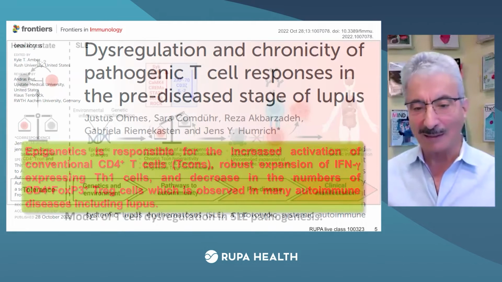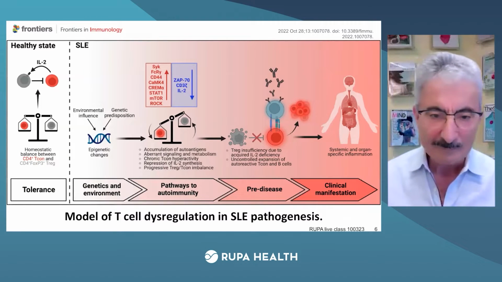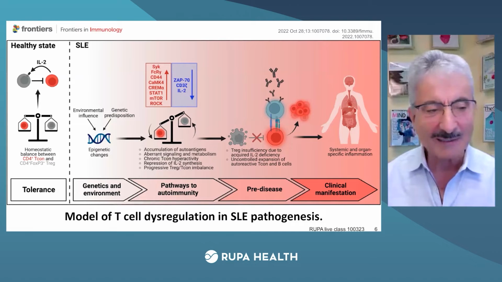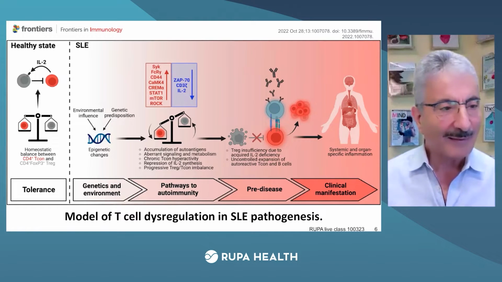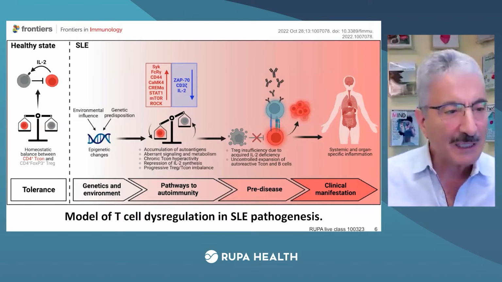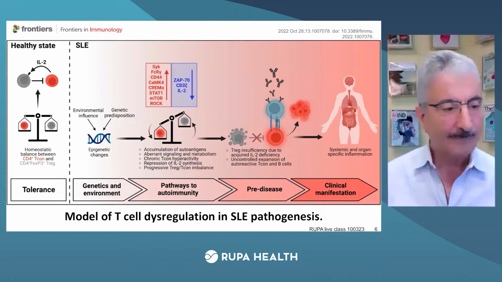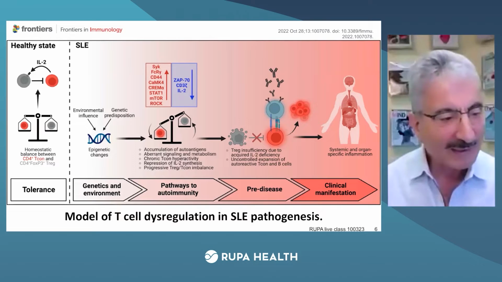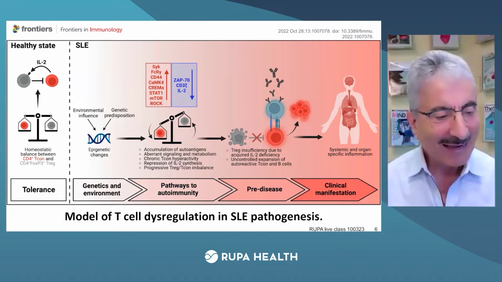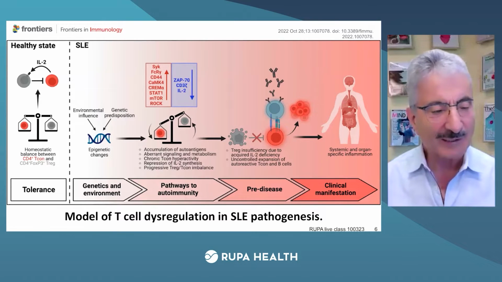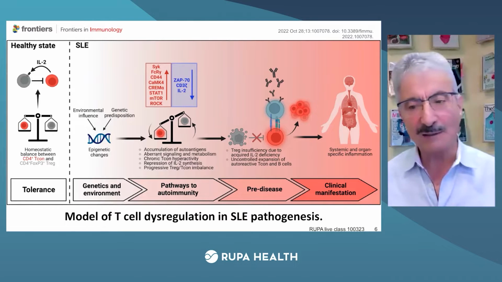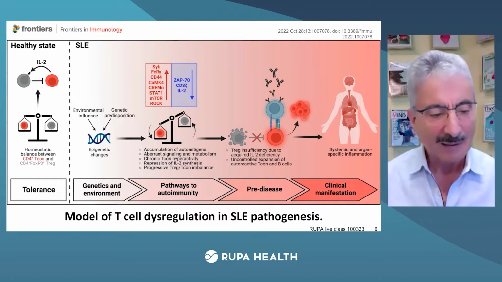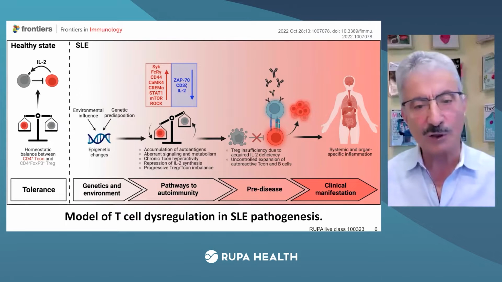And very elegantly, the message of this article was summarized in this figure. On the left, you see the healthy state, the arrow in green color. Absolute balance between CD4 T helper 1 cells in red and regulatory T cells in gray. And that's the ideal condition because regulatory T cells keep the balance of the immune system and induce tolerance.